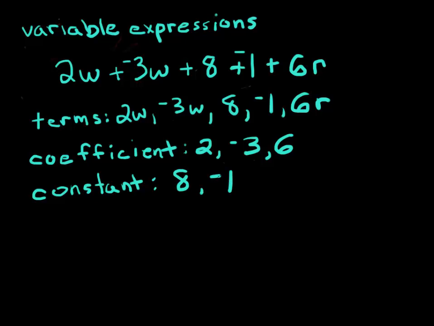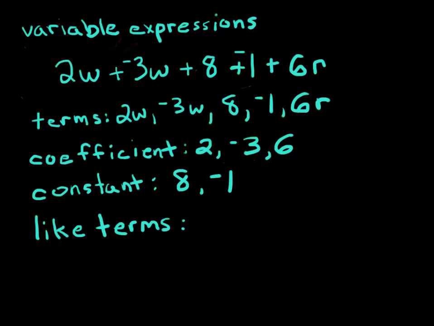Now, the last bit of vocabulary is to look at the terms more closely and to talk about like terms. Like terms in an expression are terms that share the same variable, or constants are also considered like terms.